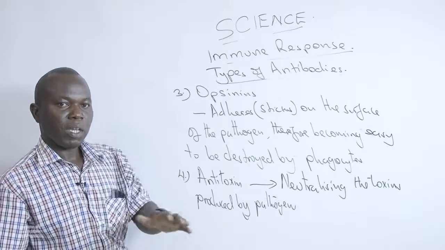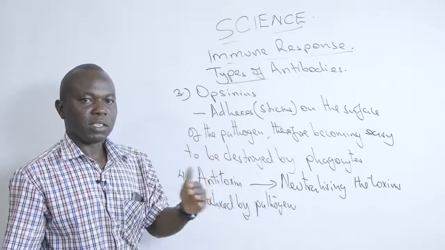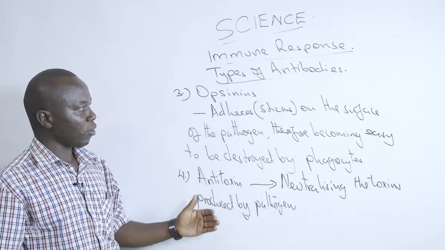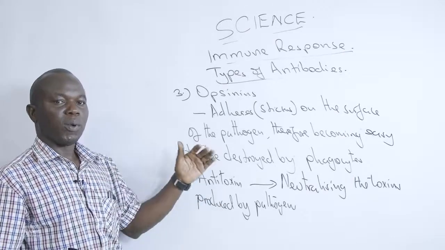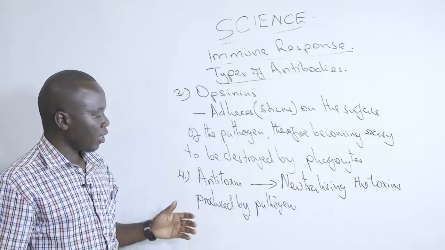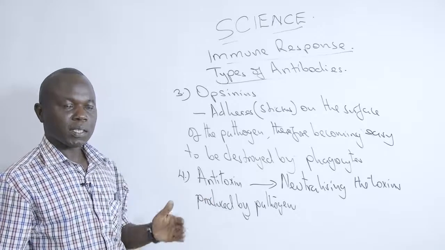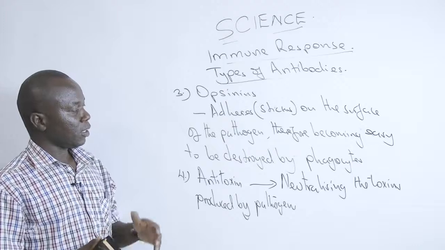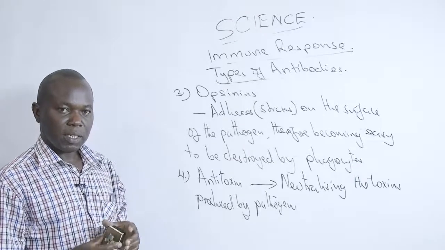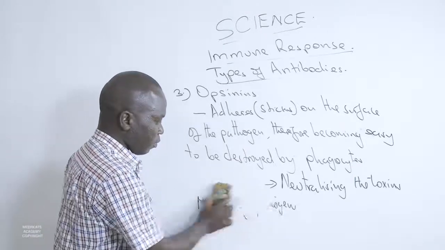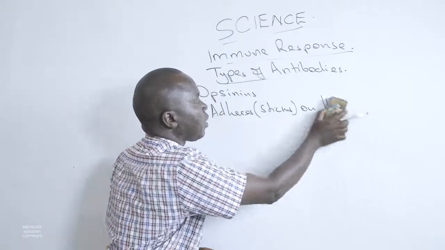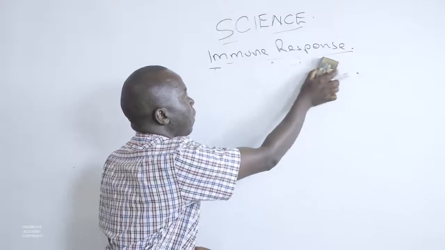So we usually have what you call antigen antibody reaction through production of several of them. Sometimes it could be one or a multitude of them, the four of them being produced at once, depending on the kind of the pathogen that has invaded the body. So that's how the immune response works.